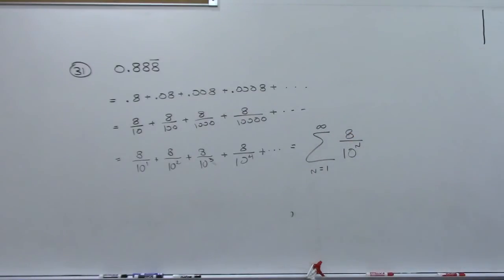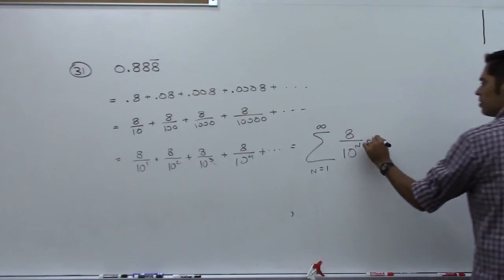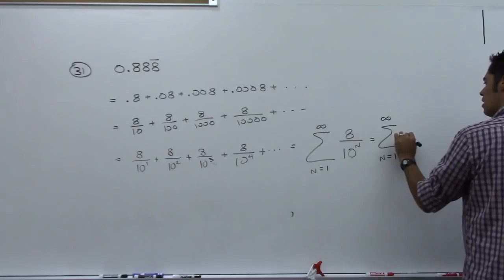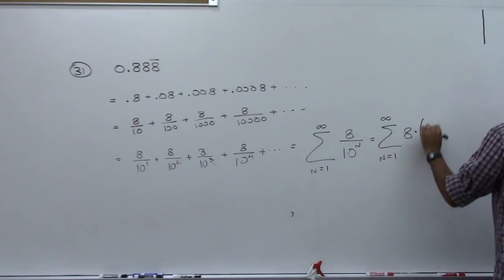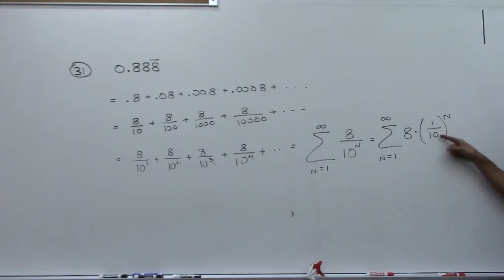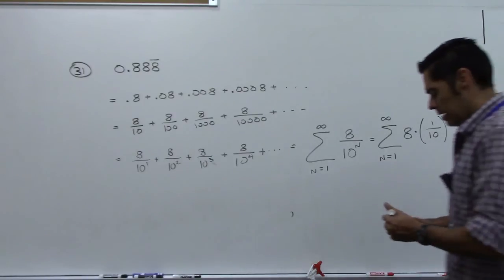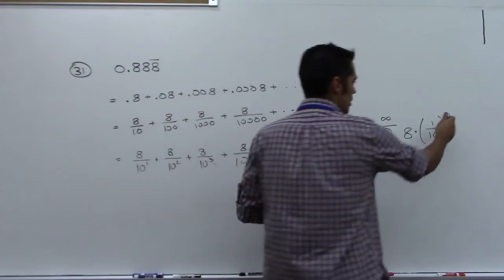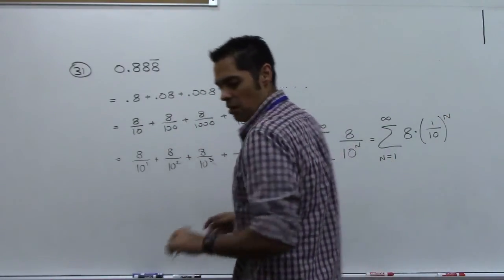And this is a geometric series. What I'll do is I'll rewrite this. Since the 8 does not have the power on it, I'll put 8 out here, and then I'll put 1/10 to the n. And hopefully you agree that 1/10 to the n would just be a 10 to the n on the bottom. And so all I need to do to make this geometric is to rewrite this with an n minus 1 up here, since this is an n equals 1 to start.